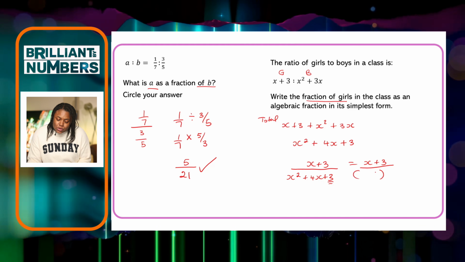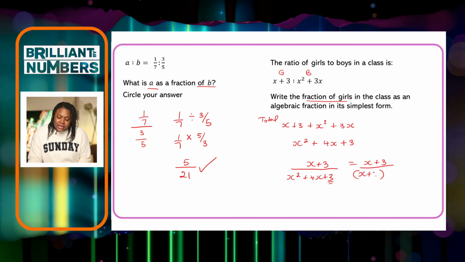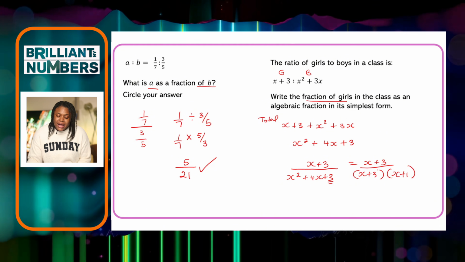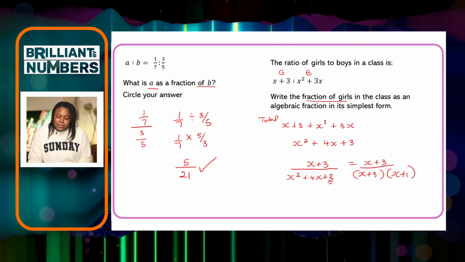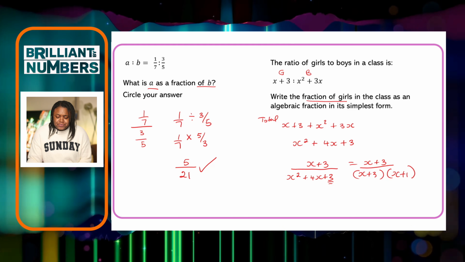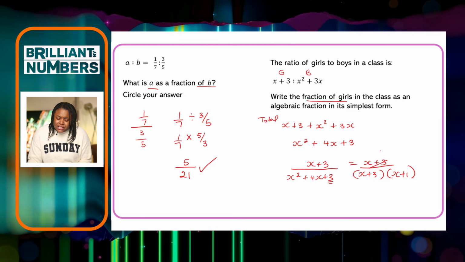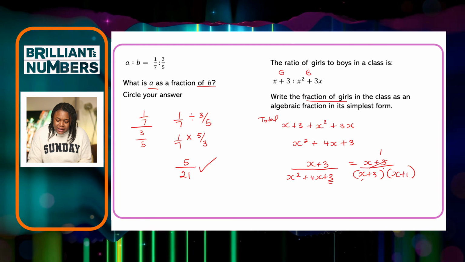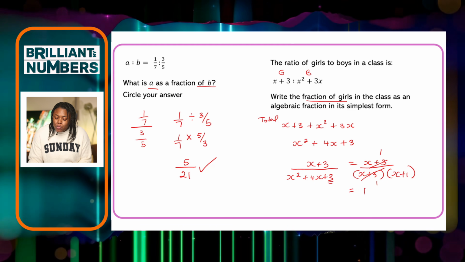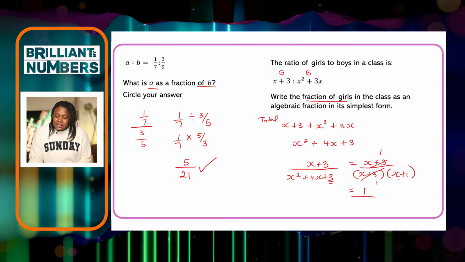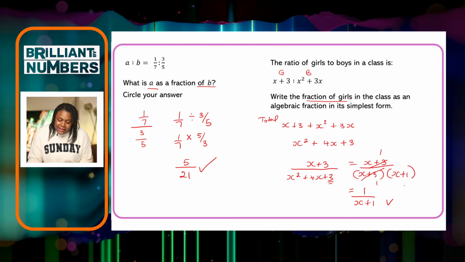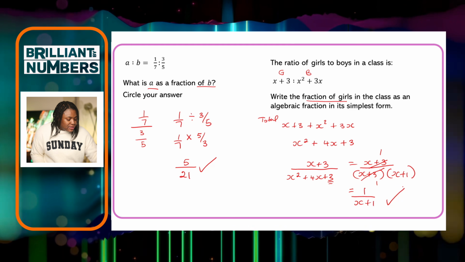So 2 brackets, one bracket will be x plus 3, and the other bracket will be x plus 1. Check. 3 times 1 is 3, and 3 plus 1 is 4. Now we can simplify. So x plus 3 divided into itself goes once and cancels out with that, goes once. So in the numerator, we have 1 over, 1 times anything is the same value. So x plus 1, and that is in its simplest form.